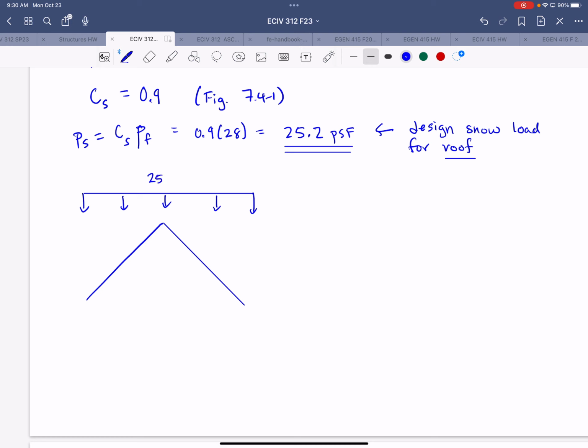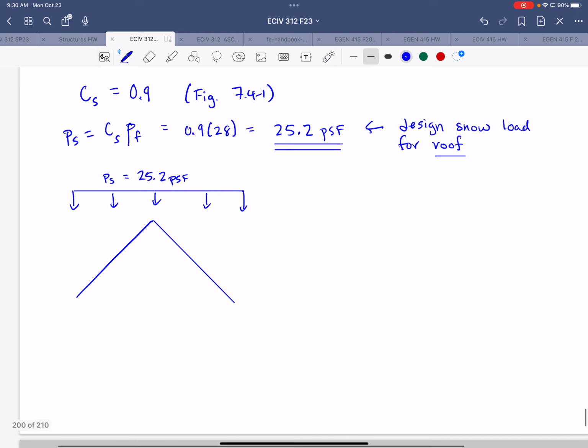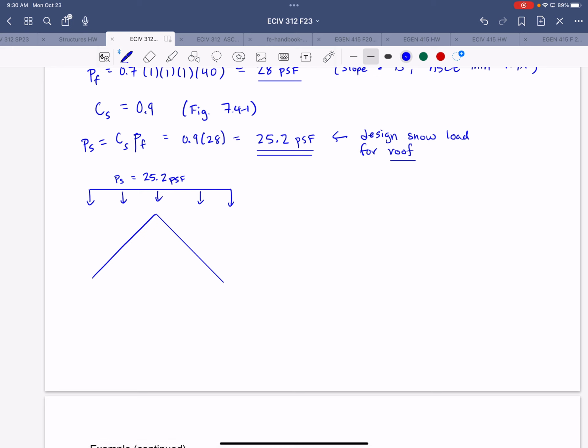All right, 25.2 PSF. So for the loading on a typical rafter, we need to identify the tributary width, which we already did verbally anyway. All right, so the width is 18 inches.